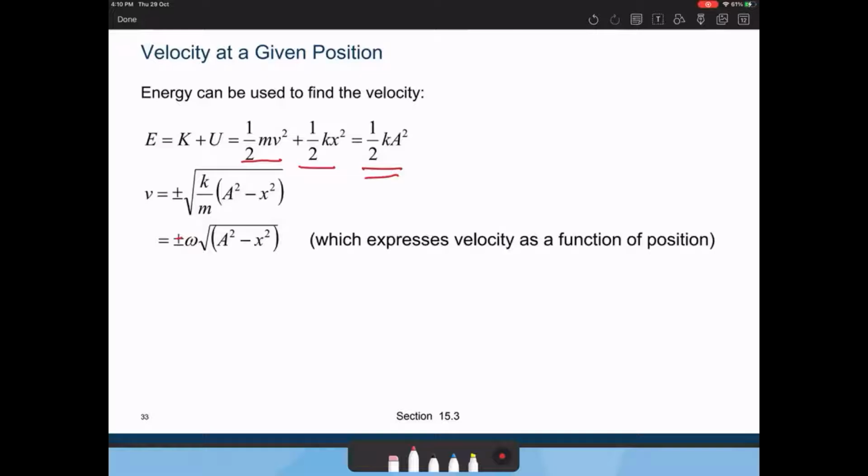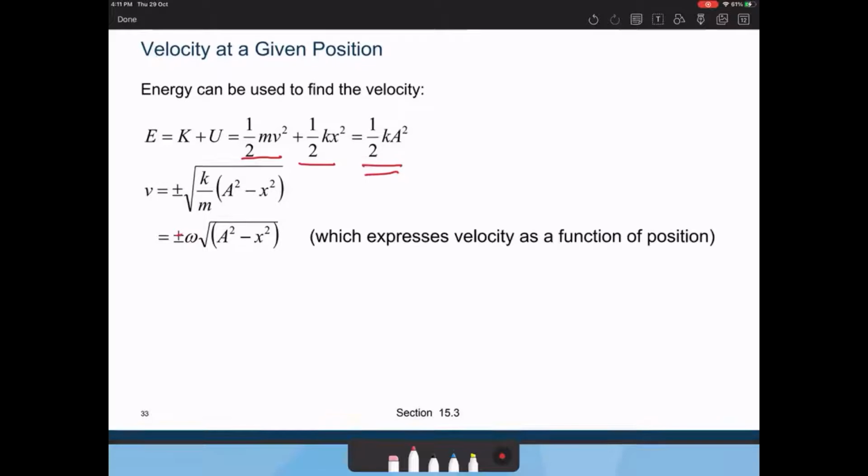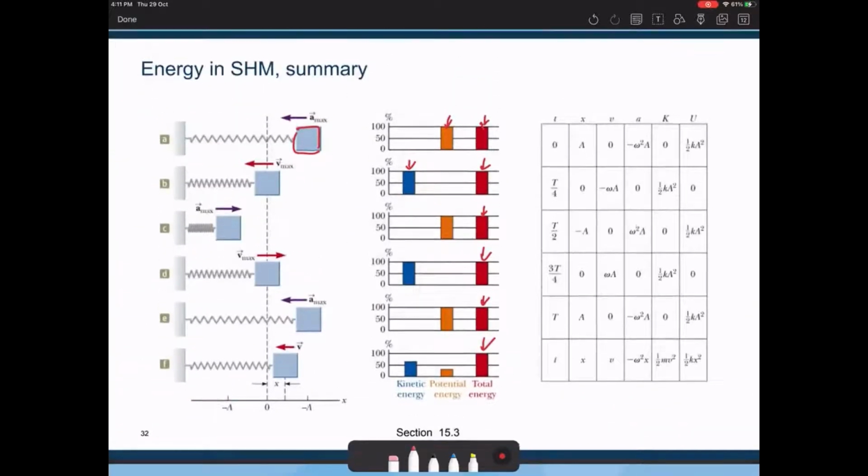It could be positive or negative depending on whether the particle is moving in the positive x direction or into the negative x direction. Because you have the particle that is oscillating back and forth from time to time, the velocity can be positive or negative.